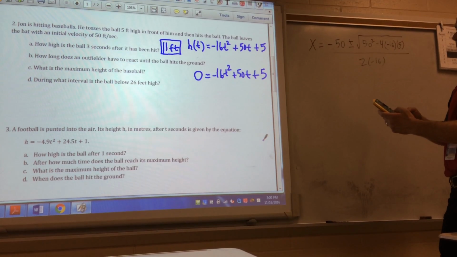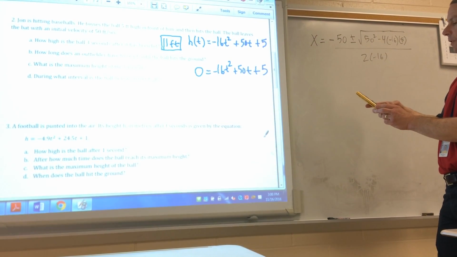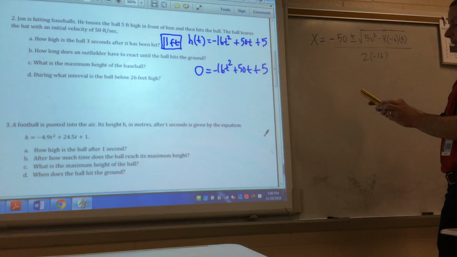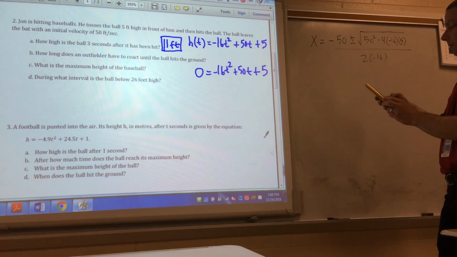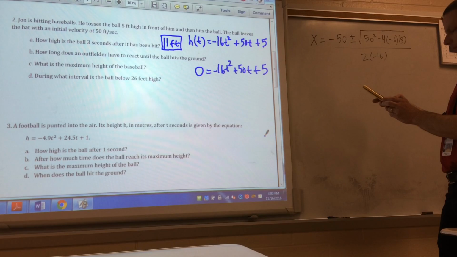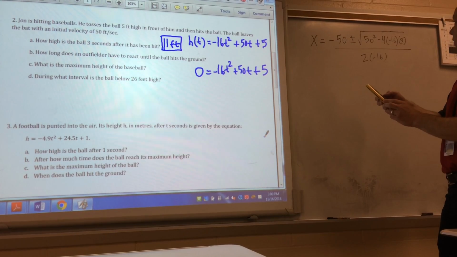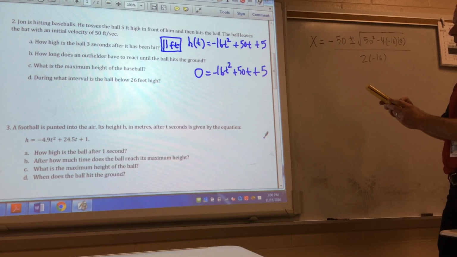So go ahead and bring up a fraction, and we'll put in negative 50 plus the square root of 50 squared minus 4 times negative 16 times 5 over, let's go ahead and work that out, negative 32.